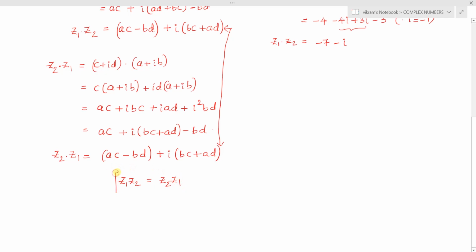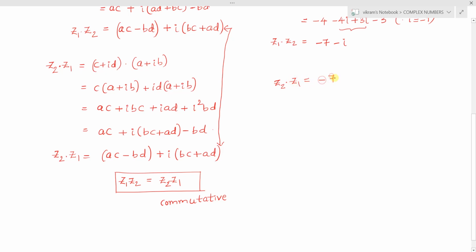That means the complex number multiplication is commutative. You will verify with the example, and I am giving you an assignment: for the same example, verify z2 into z1.